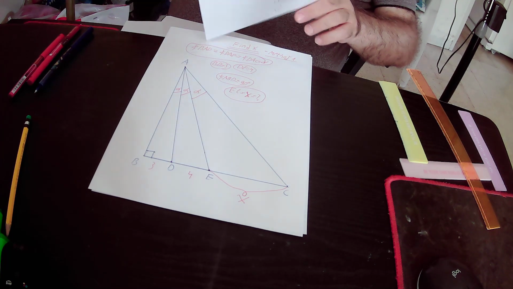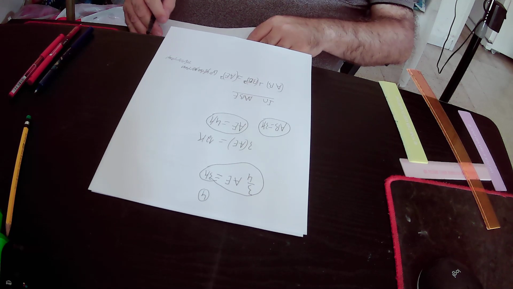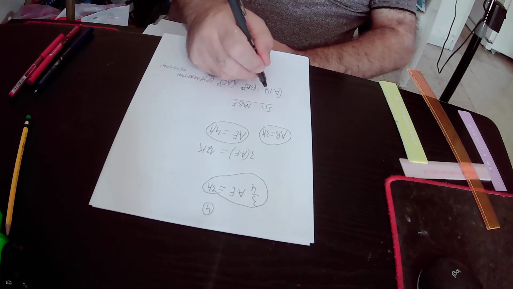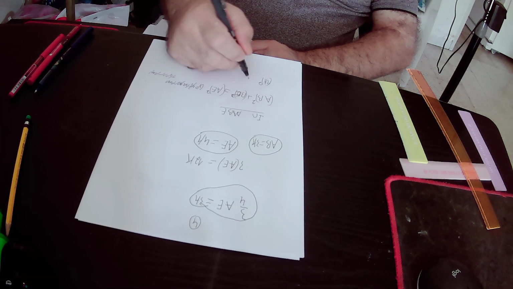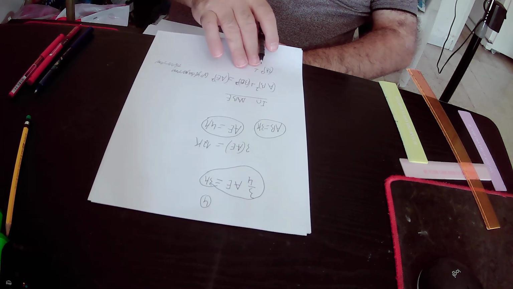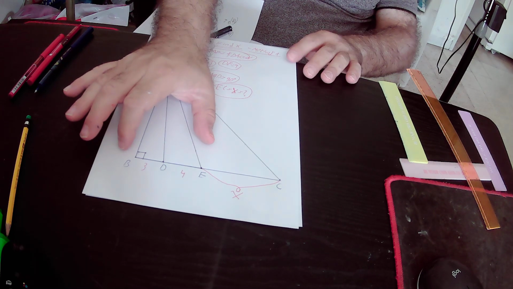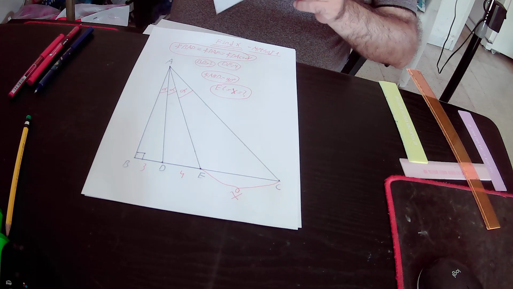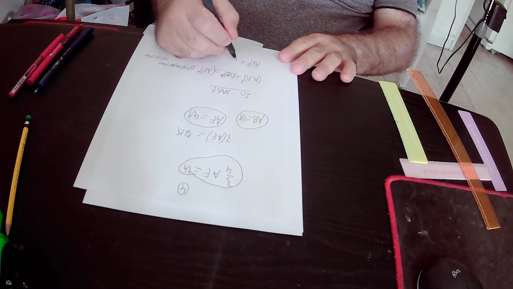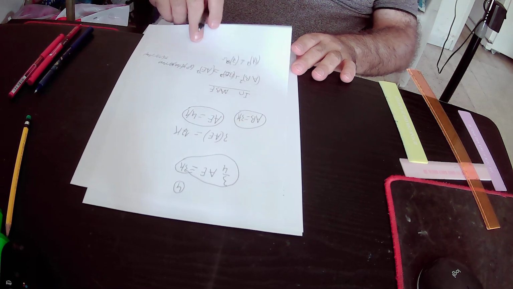We have already found out that we defined AB as 3K, so AB square is 3K square, plus BE square. What is the value of BE? BE equals to 3 plus 4, that is to say 7, so it is actually 7 square equals to AE square.